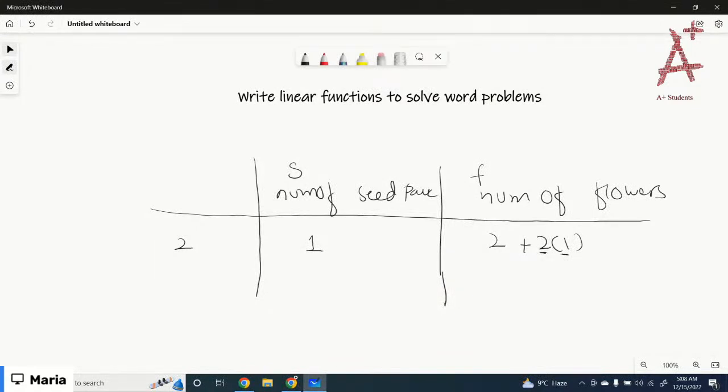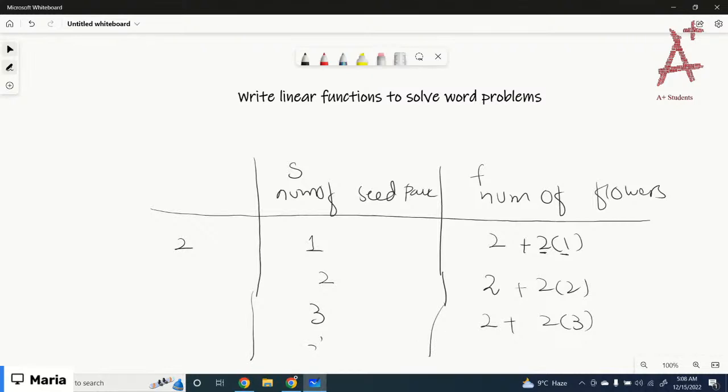Got it? When he has 2 seed packs, he already has 2, and he can make 2 times 2, because with every seed pack he can grow 2 flowers. So when he has 3 seed packs, he can grow 2 plus 2 times 3. With the 3 seed packs he can grow 3 times 2, which is 6, and he already has 2, so 8.